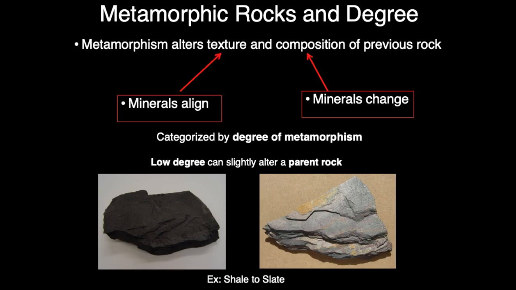For example, kaolinite, which is a clay mineral, and as we saw in chapters 6 and 7, clay minerals are stable at the surface themselves. Kaolinite will transform into chlorite or muscovite, which are different minerals, when the rock in which this kaolinite exists is metamorphosed.